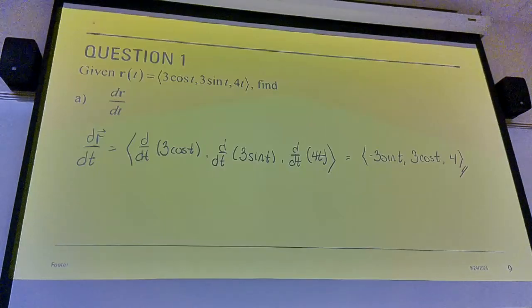Oh, that was easy. It's Calc 1 all over again. Oh, how we missed Calc 1. Even though when you took Calc 1, you're like, why do I have to take this? This is stupid. Now you're in Calc 3. I don't want to do that. Just wait, it gets worse.